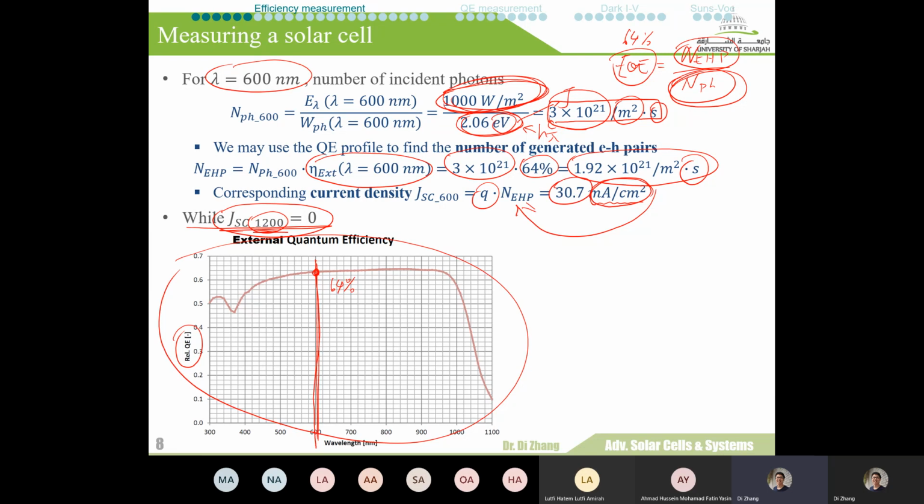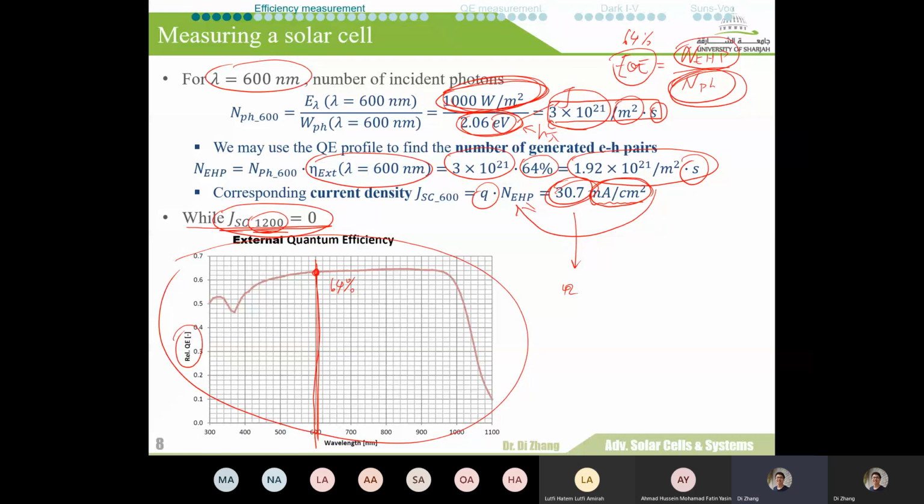Do you guys still remember what was the short circuit current density for the champion silicon solar cell we just talked about in chapter 1? It was 42 something. Yeah, very good. So with this irradiance, actually, we're getting a very good performance from the silicon solar cell. It was a 30 something.